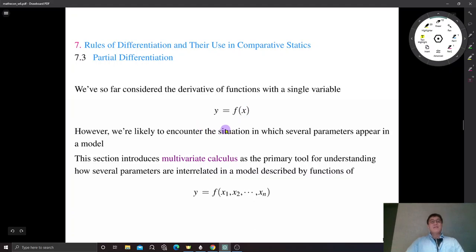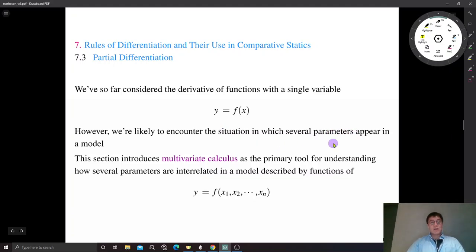But this is not the only function that we study in economics. We've seen one example already when we studied the market model. Even in that simple model, we assume linearity between price and quantity, but it turns out that the equilibrium price is a function of several variables.